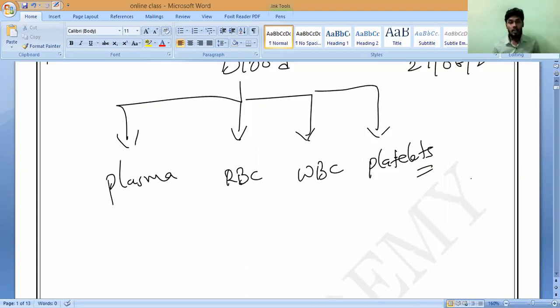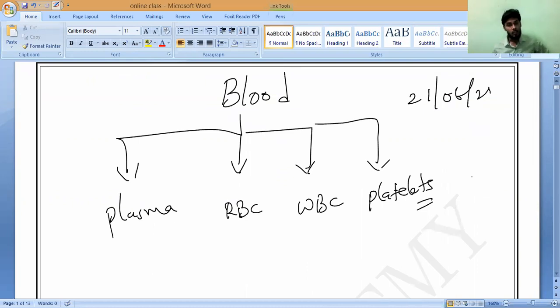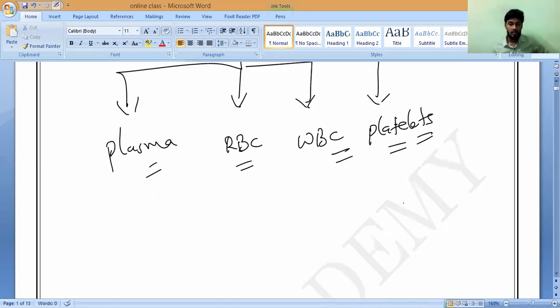Now let us discuss one by one. Even though blood contains so many things, why is it red in color? Because each drop of blood contains how many RBC? 5 million RBC. Understand?